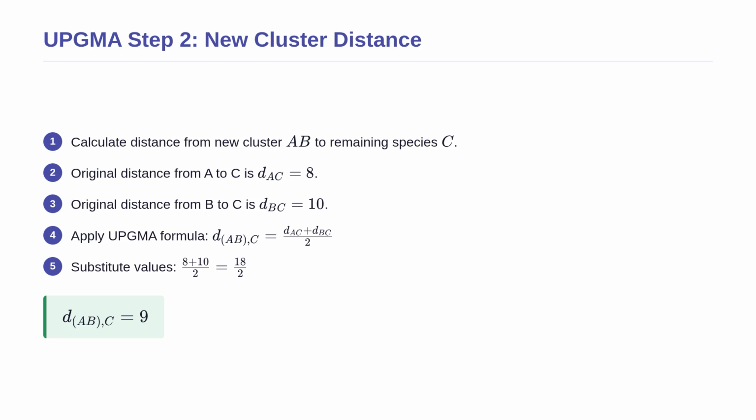Finally, we divide this sum by 2 to find the arithmetic mean, as dictated by the UPGMA formula. The new calculated average distance is exactly 9. This physically means that the average genetic distance from the AB ancestor group to species C is 9 units of evolutionary time. We have successfully reduced our complex 3-species problem into a simpler 2-group problem.